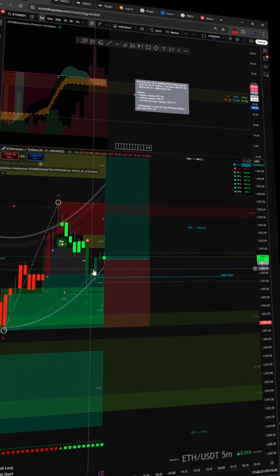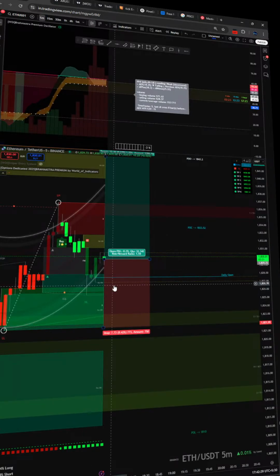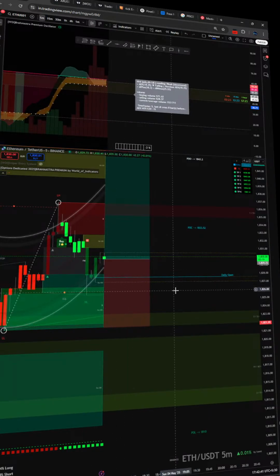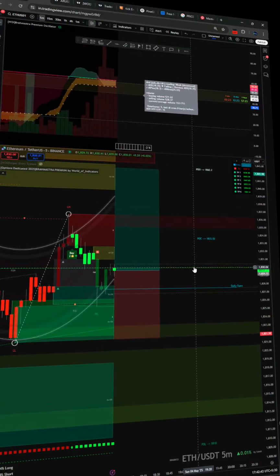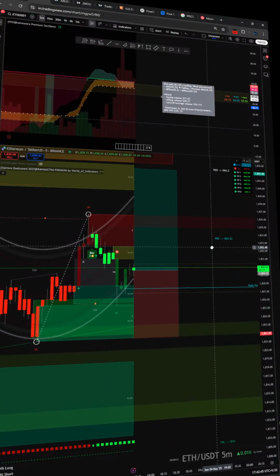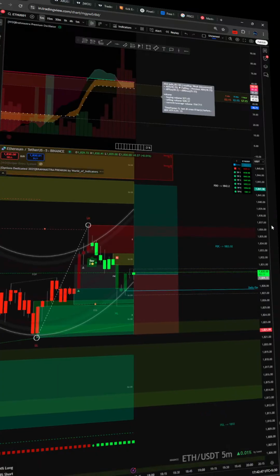You can DCA. If it comes here, this is the best zone to enter. Let's test what happens.